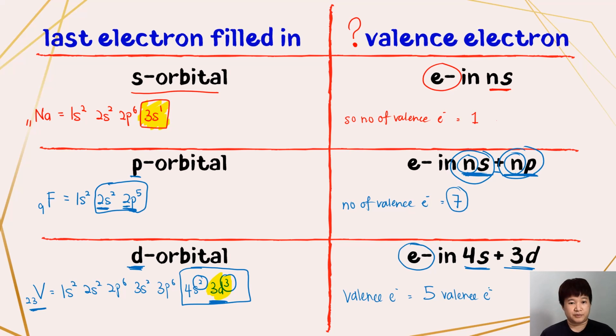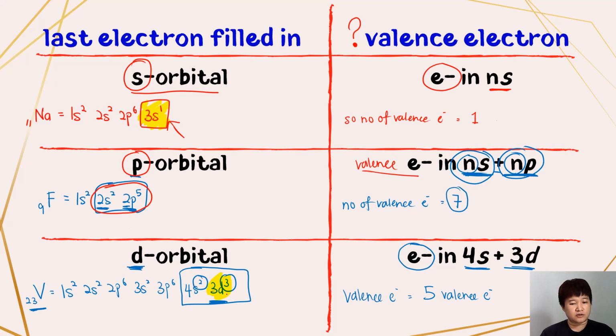Okay, simple. So in conclusion, when the last electron that you put in is in the s orbital, the valence electrons will be the ones in the s orbital only. If the last electron that you put in is in the p orbital, the valence electrons will be in the s and p orbitals of the highest energy level.